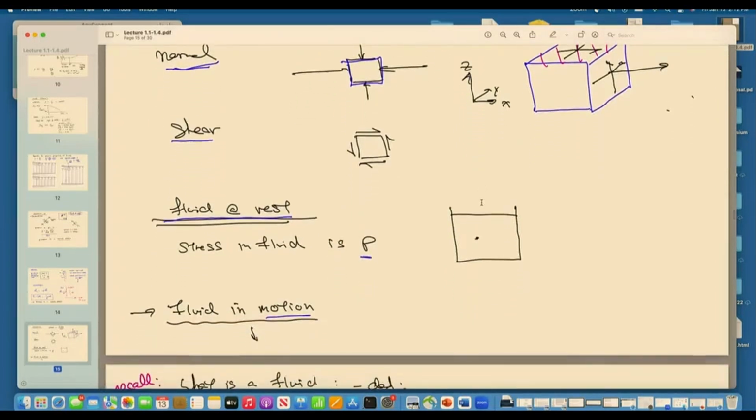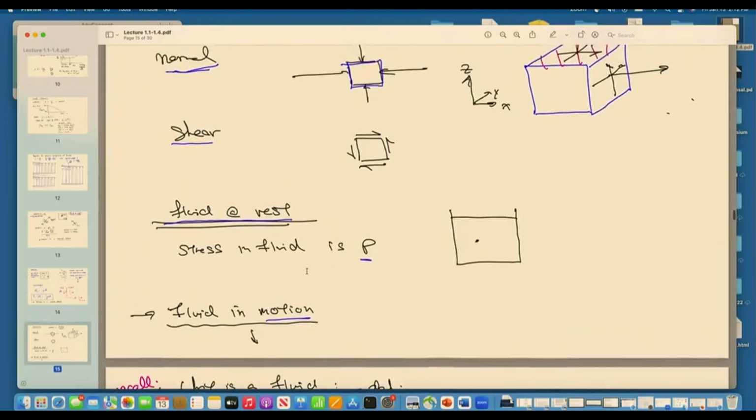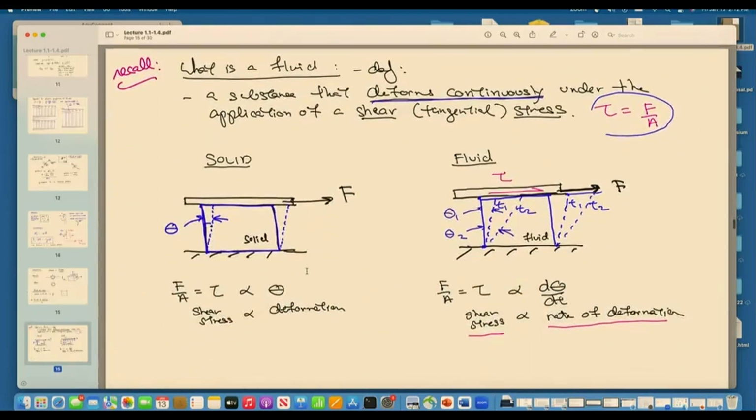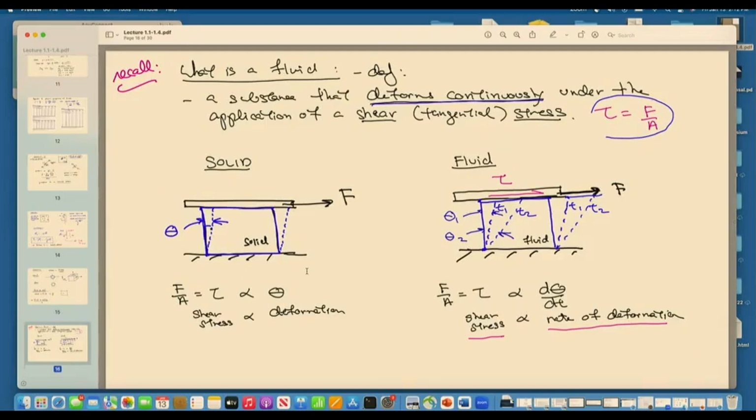But in a fluid at rest, which is what we're going to consider in Chapter 2, the only stress in the fluid is pressure, a normal stress. But for fluid in motion, we know that there may be shear or tangential forces, and we discussed that. This is just a copy of the same slide that we considered that was distinguishing solid from fluid.